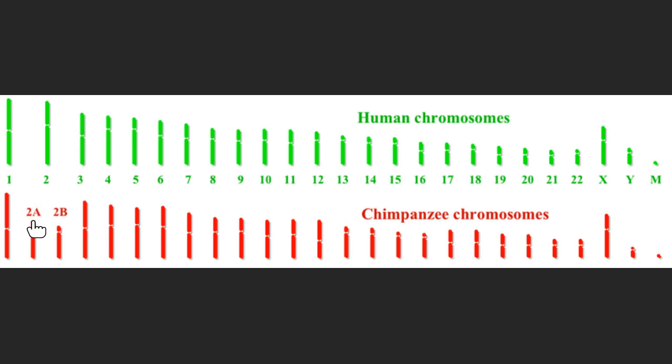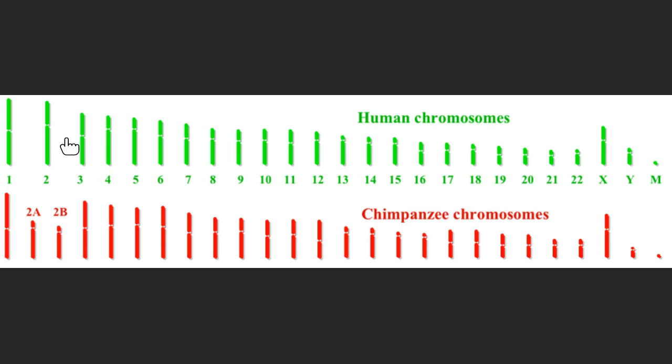So what we would call 2A and 2B. Whereas humans only have a single mega chromosome, the number 2 chromosome. What we believe happened was that somewhere after the split between us and the other great apes, the 2 chromosomes 2A and 2B became fused.